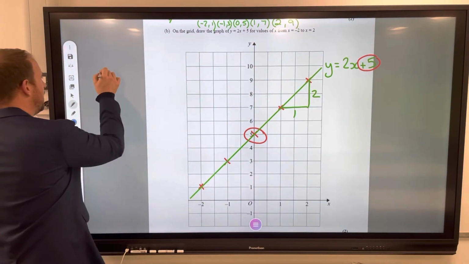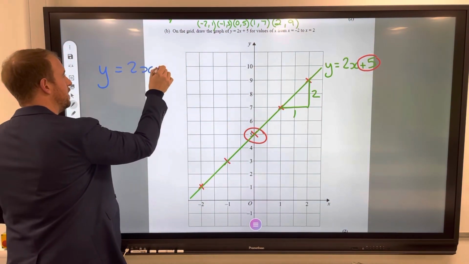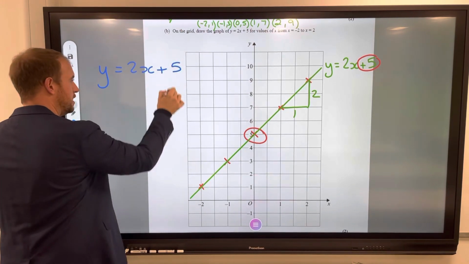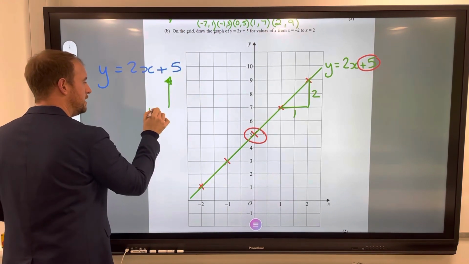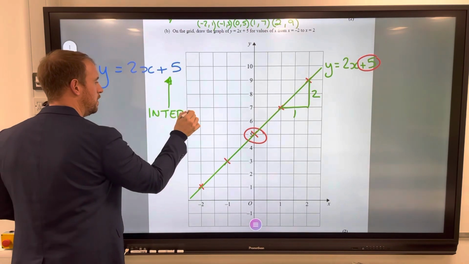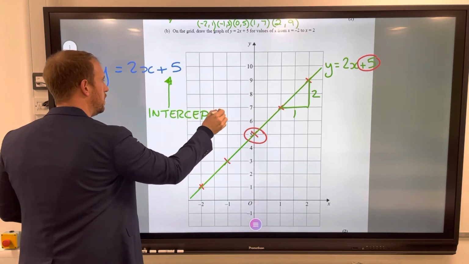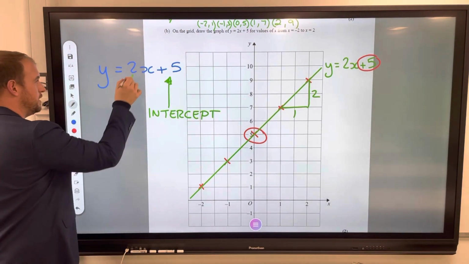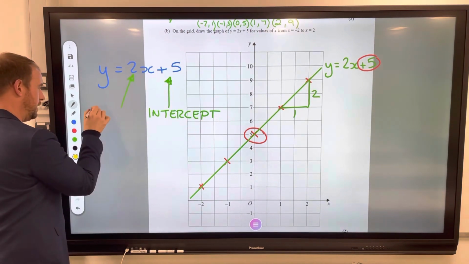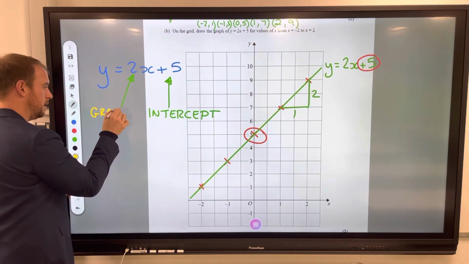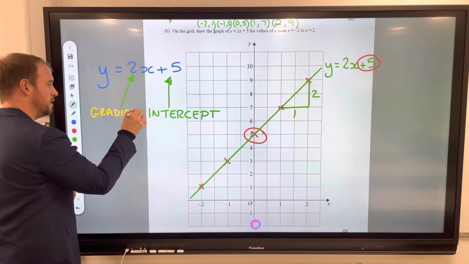So with this y equals 2x plus 5, this plus 5 is our intercept, and this 2 here is the gradient, which means steepness.